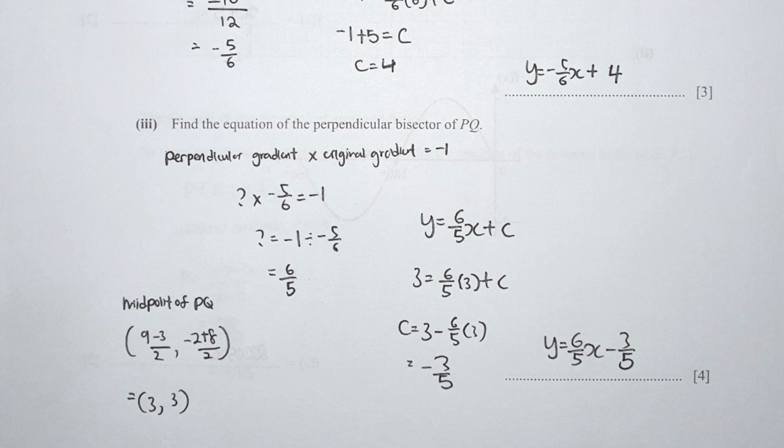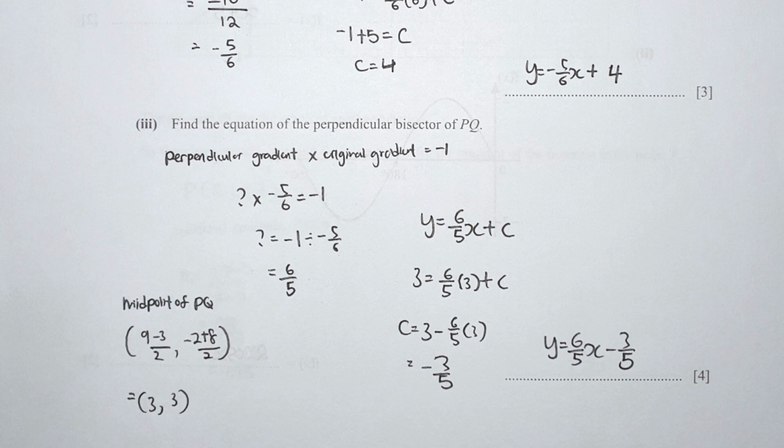The thing I wanted to point out was the gradient. The perpendicular gradient multiplied with the original gradient given to you, which is the negative 5 over 6 that we identified earlier, will give you negative 1. So your unknown here will be negative 1 divided by negative 5 over 6.